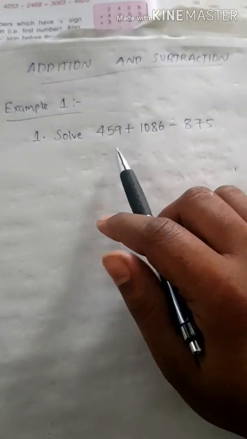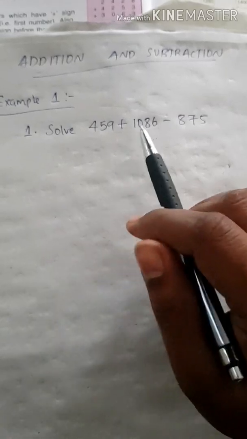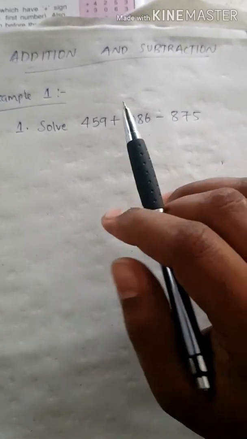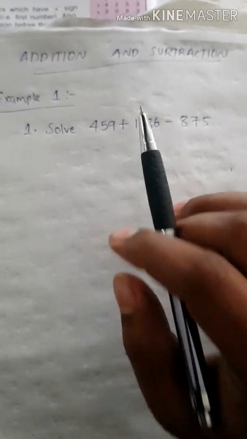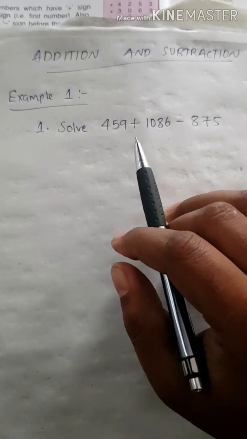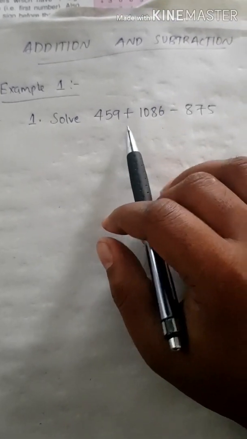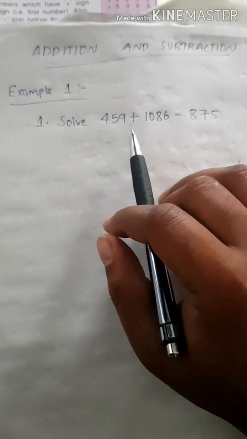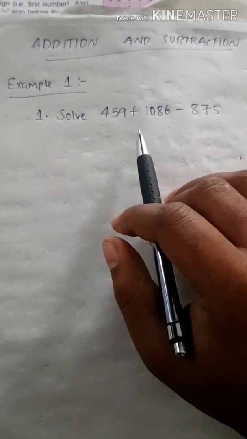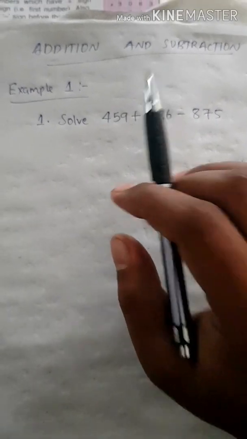Please do this in your copy. All of you take your copy and do this. Which are the positive numbers here? Say students. Okay, very good.